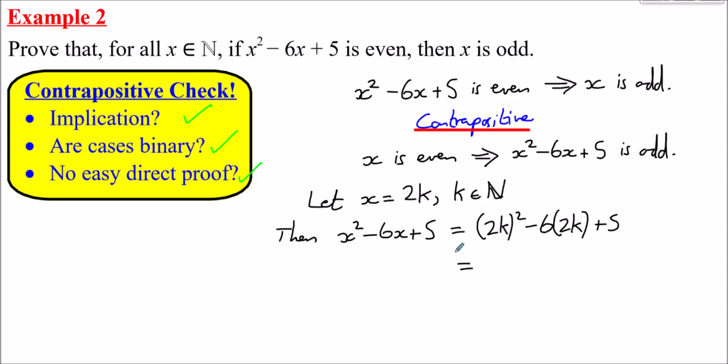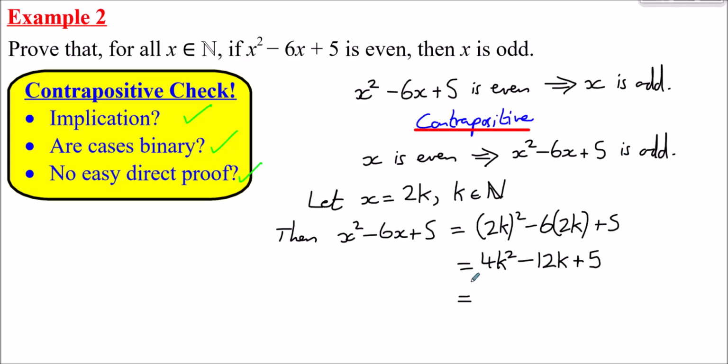Now (2k) all squared is 4k squared, then minus 6 lots of 2k means minus 12k altogether, and then we can add 5. So now what we can do is write this in terms of multiples of 2, and then we can prove that we're going to have something extra on the outside. So let's see how we can do this next.